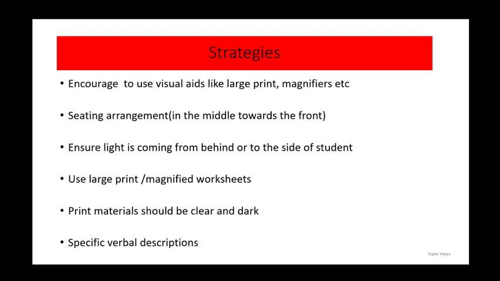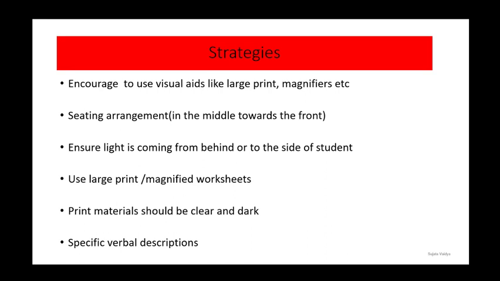To teach a visually impaired child, the teacher can use the following strategies. The teacher can encourage the use of visual aids like large print materials, magnifiers, and Braille script. The seating arrangement of visually impaired children should be in the middle and towards the front of the teacher. The teacher should ensure that the light coming to the visually impaired children is from behind or to the side of the student, not from the front.